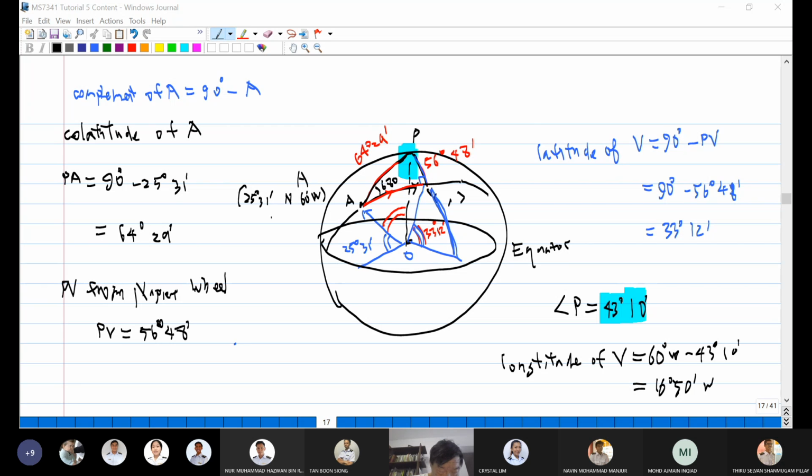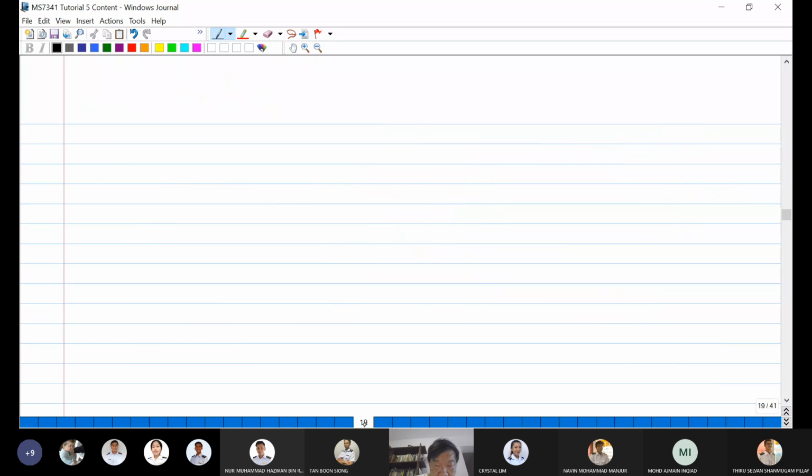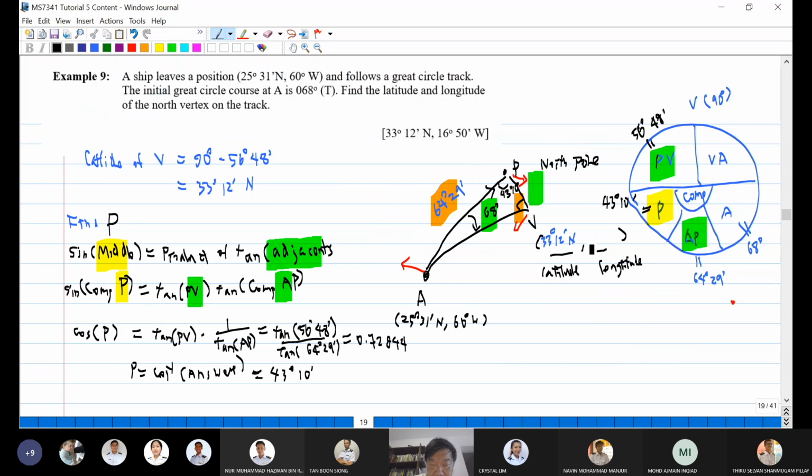Okay, so let's go back. So now you can find the longitude. Okay, longitude of V here is just 60 degrees moved to the east, 43 degrees 10 minutes here. So you get 16 degrees 50 minutes, so still on the west side.